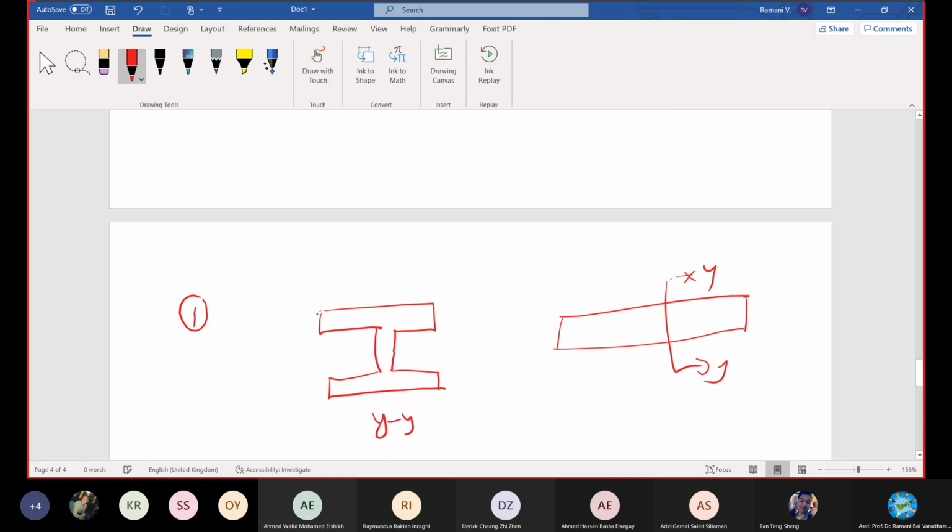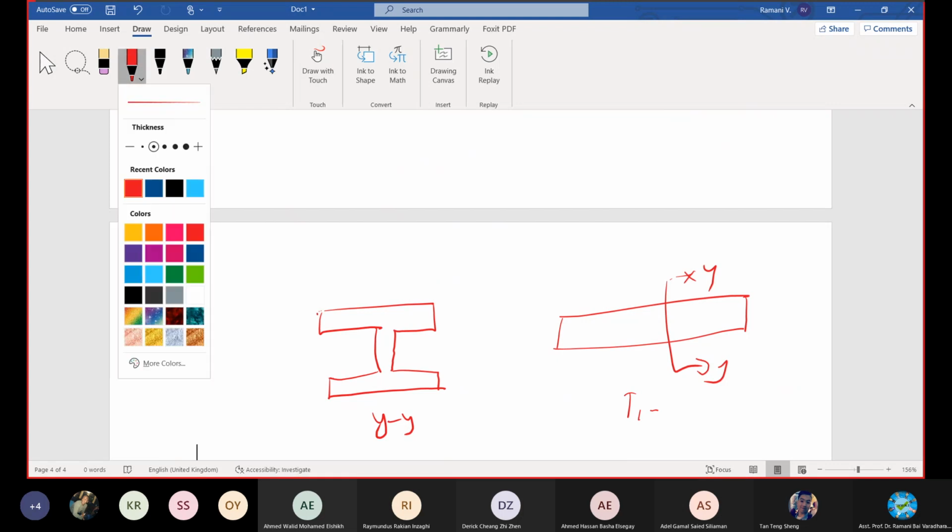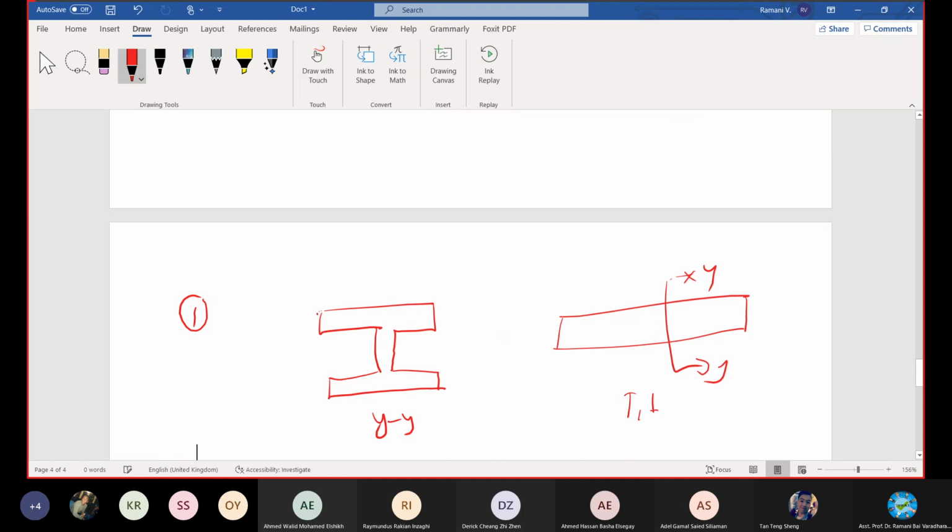When you cut, the cut section will show an I section. The cut section can be a T, I, L, or just a simple rectangle, any cross section it might be.